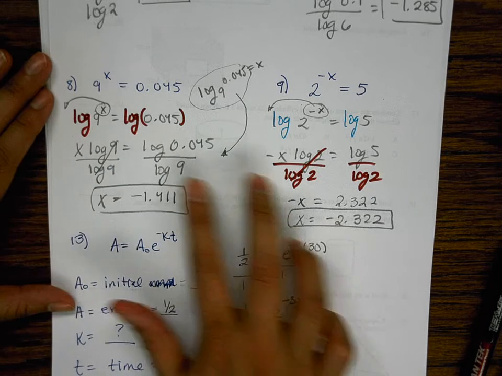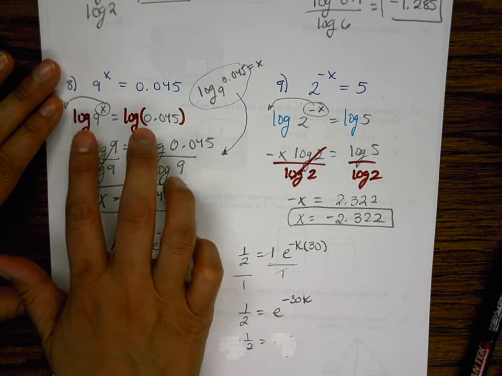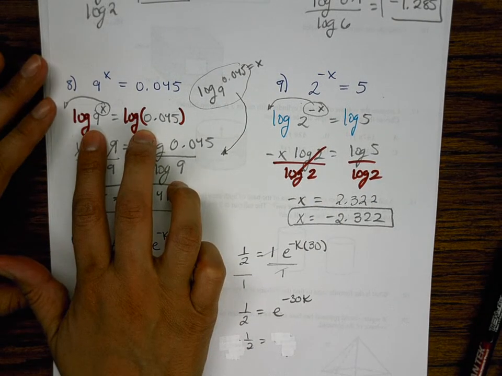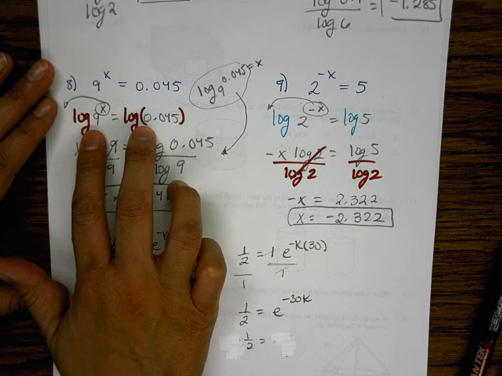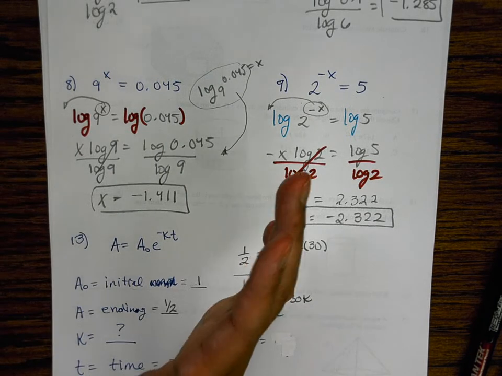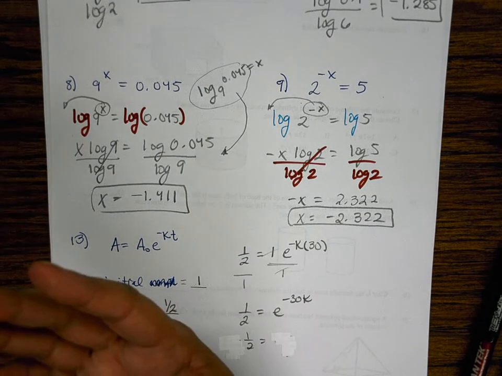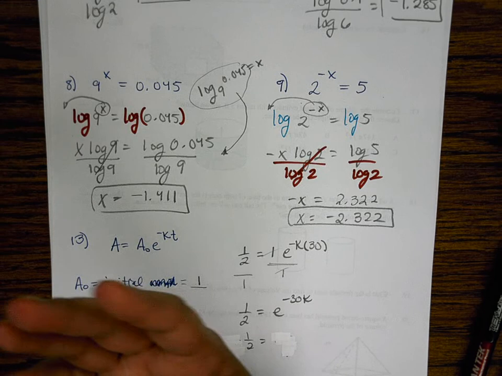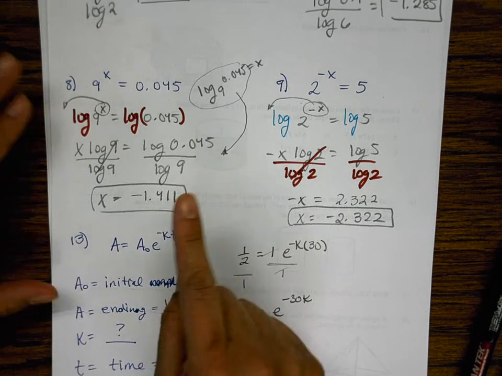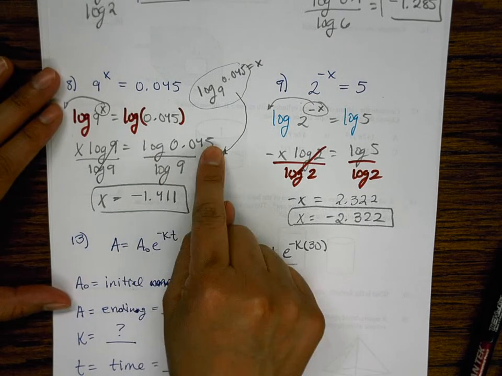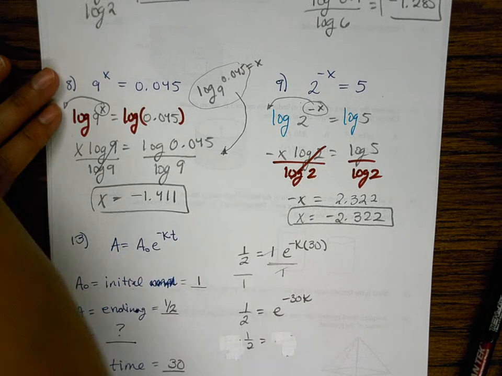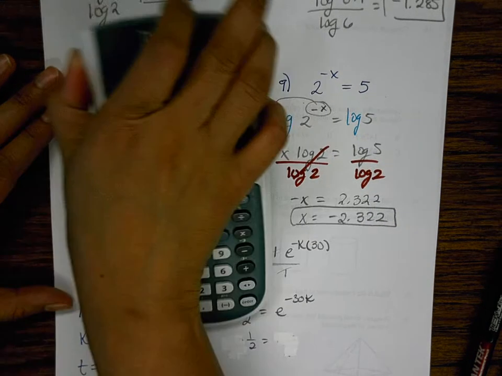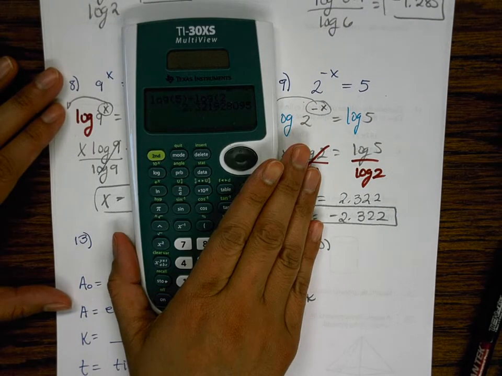When you take log of both sides, notice I never wrote a base, and the reason is because it's assumed to be base 10. If you can pick any base in the world, why would you pick base 10? Because base 10 is programmed in your calculator, so that's what we use. Our calculator automatically works it out with the base of 10.